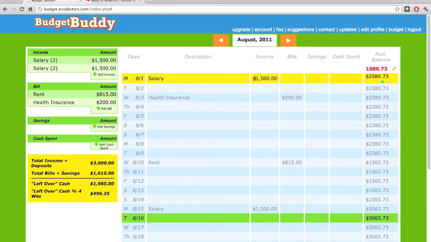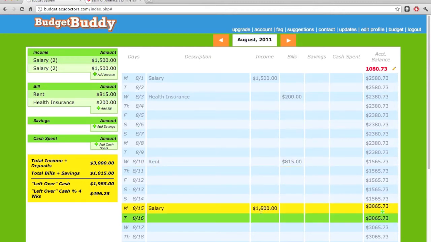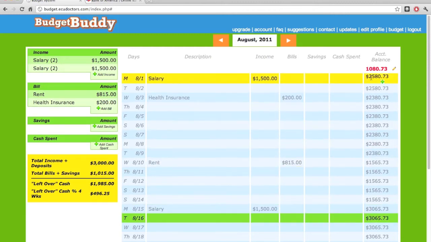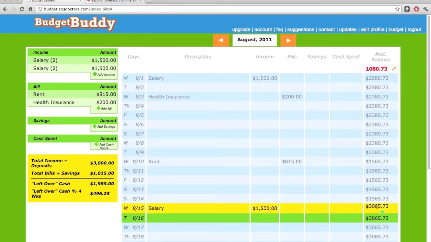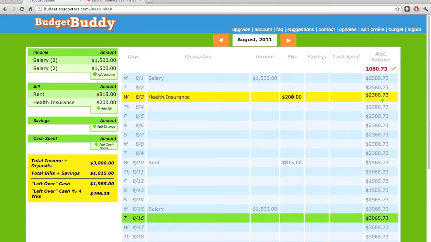That's 3,000 divided into two checks. I get one on the 1st and another check on the 15th, and you see how it's affecting the account balance: it's incrementing it when it comes in, and in this area it's decreasing the amount because it's a bill.